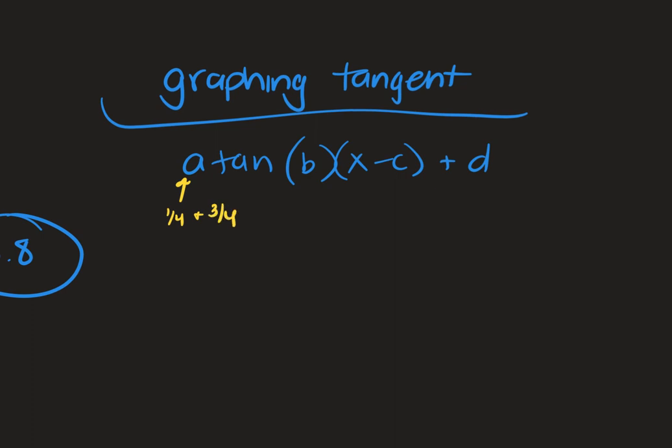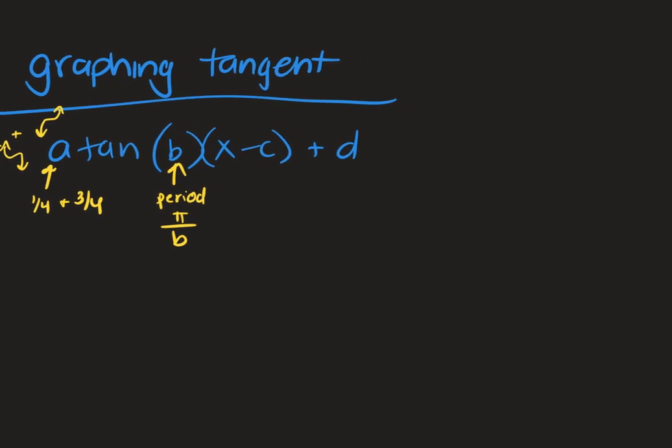That's how high and low that quarter point and the 3/4 point go. If it's positive at the front, then my shape is up, right, and down, left. If it's negative on the front, then it's up, left, and down, right. The B impacts your period. So we do period equals pi over B for tangent.